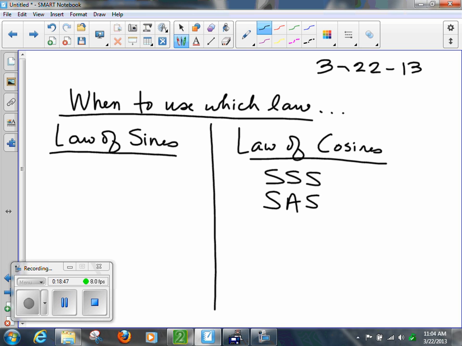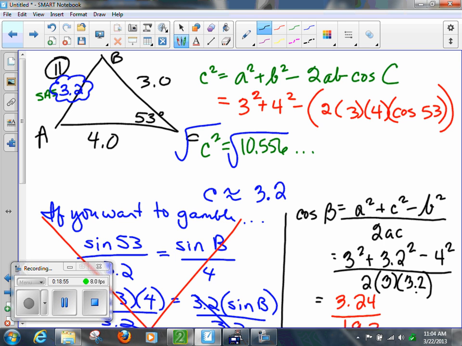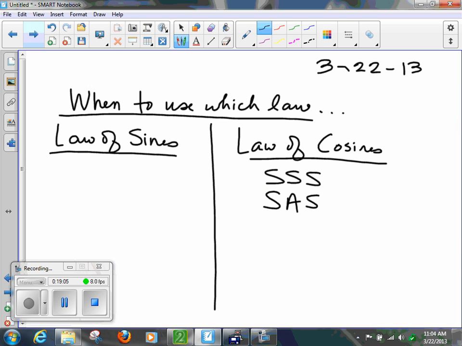We probably should have used law of cosines on that number 11 because what were we given in our triangle? Side angle side. That's why. I bet that's why. I'm 80% sure that's why. Side angle side says, hey, I need to use law of cosines, not law of sines. I just learned something new today.